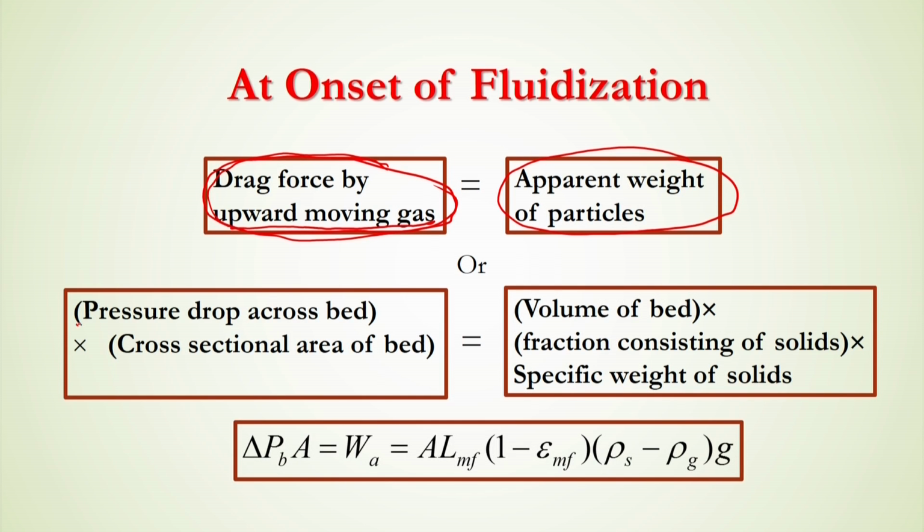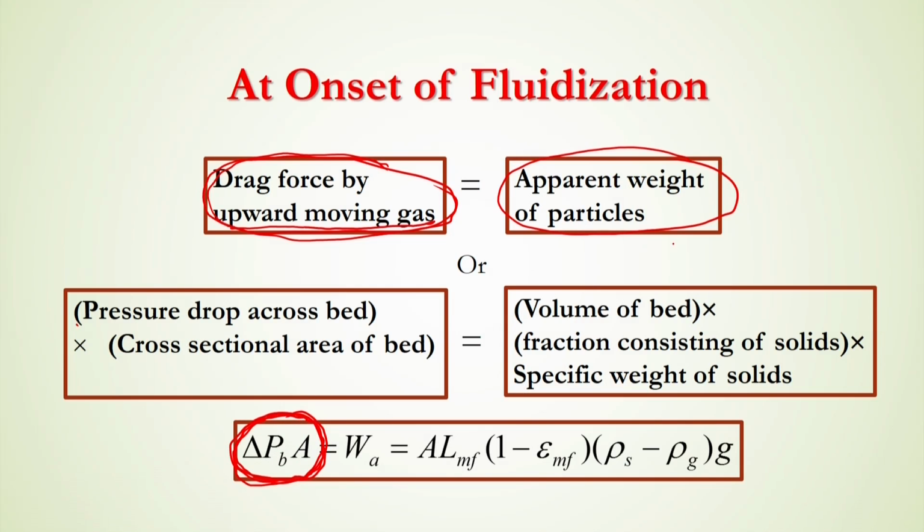If you know the frictional pressure drop across the bed and the cross-sectional area of the bed, then the drag force is easily calculated: this total drag force is the frictional pressure drop across the bed times its cross-sectional area.